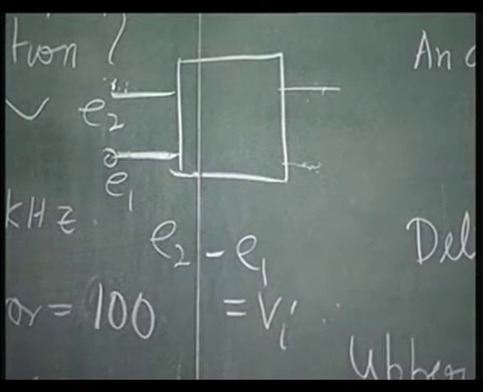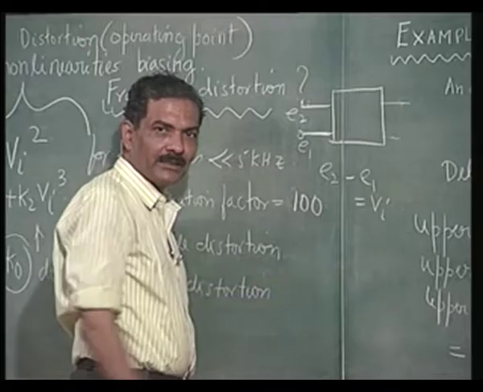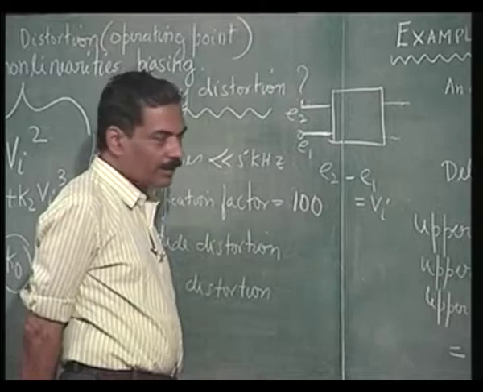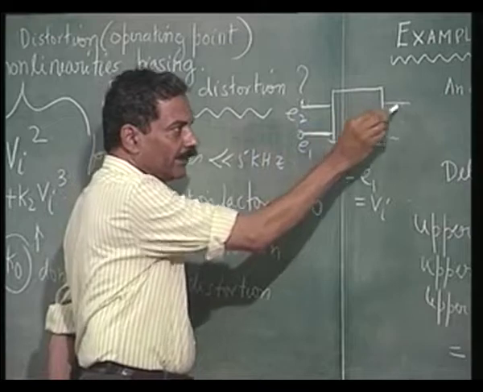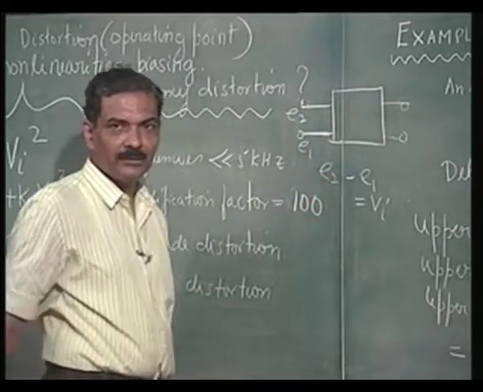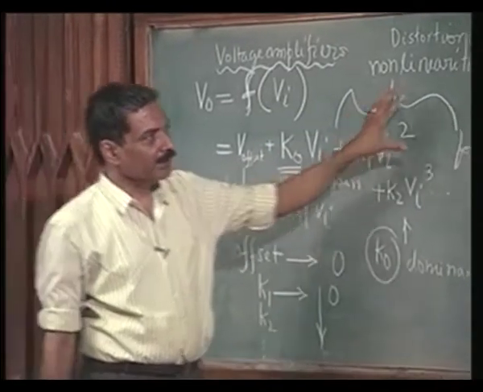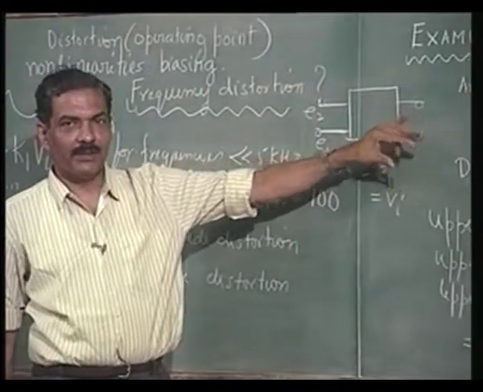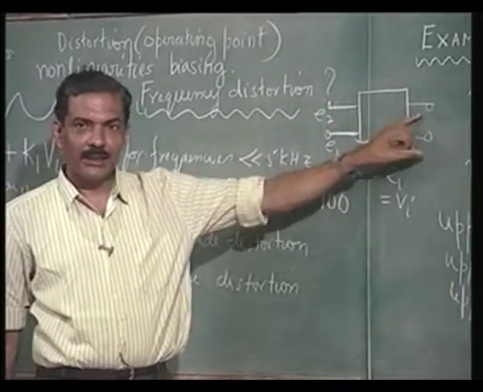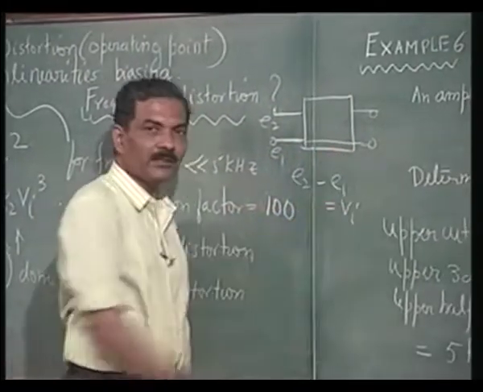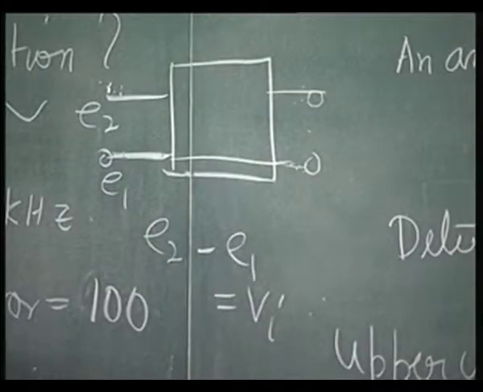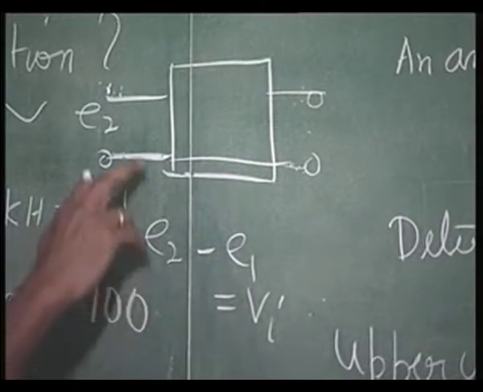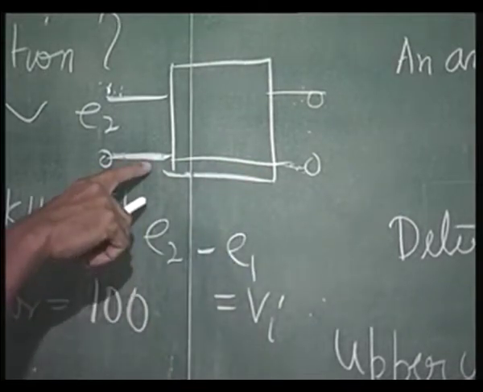This is only a concept, if the voltage reference is shifted somewhere else. So, in a 2-port amplifier, you can treat this as a differential input and differential output amplifier. So, what we have said is valid, whether it is a differential input and differential output amplifier or just one port with this as a common terminal. That means, actually this becomes a 3 terminal amplifier now, because we are connecting these two together and using this as a reference.